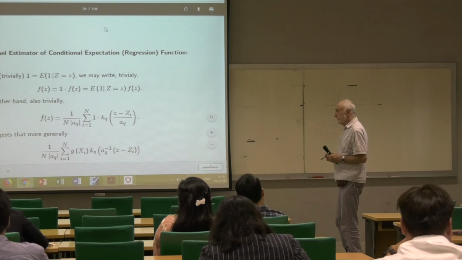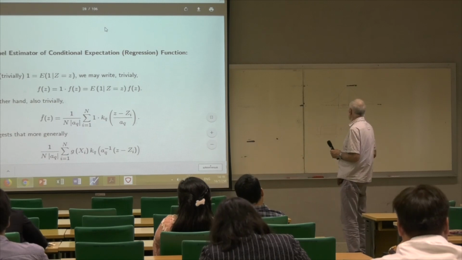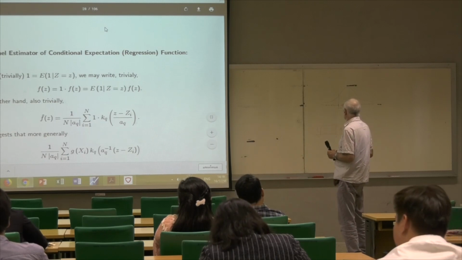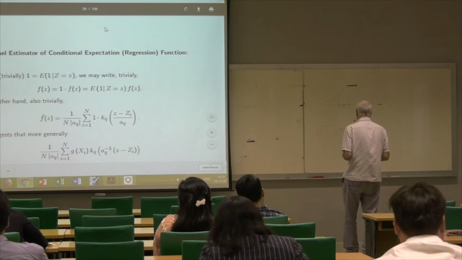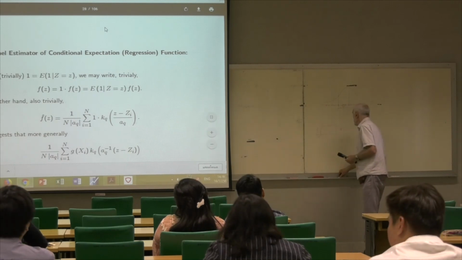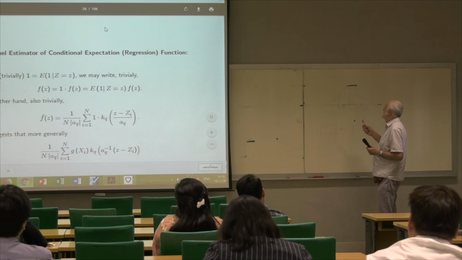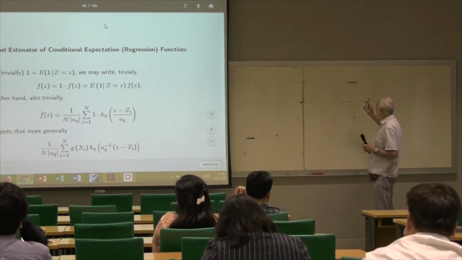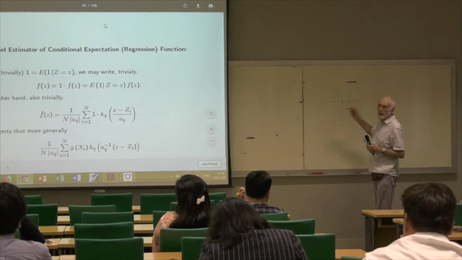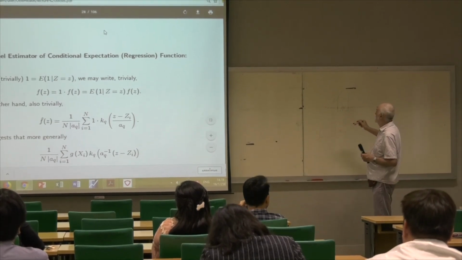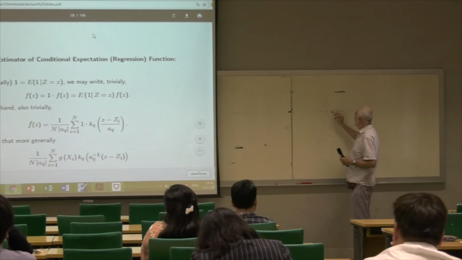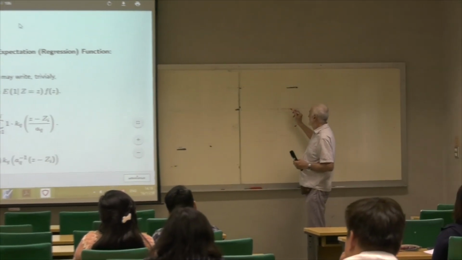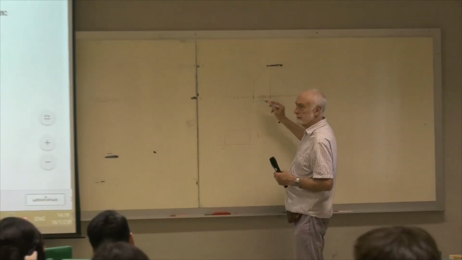Now, a similar principle applies in more than one dimension. But the point is that we're going to get a bias here, because some of these points are coming from different points from the one you're interested in estimating.